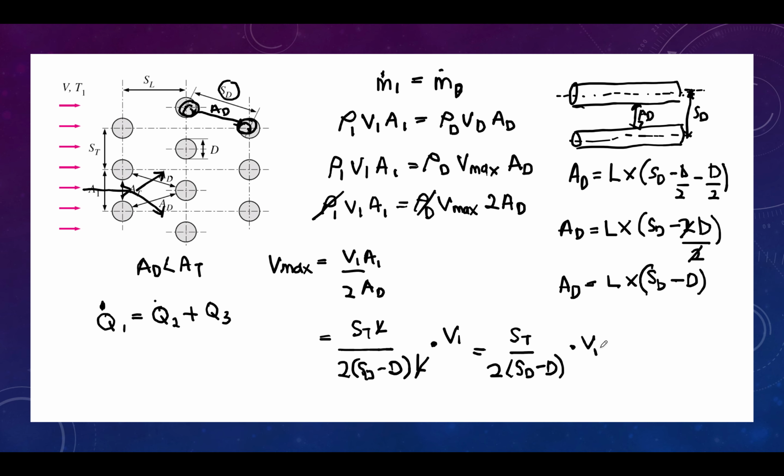So this is the equation for V maximum if AD is much lower than AT. So the area for the diagonal is lower than the area for AT. So V maximum will occur at AD. Okay.